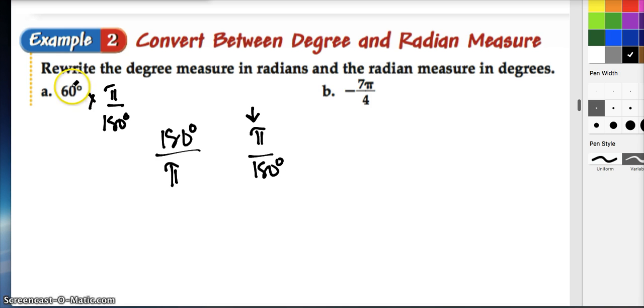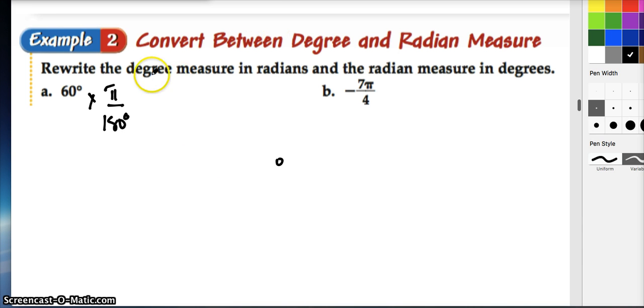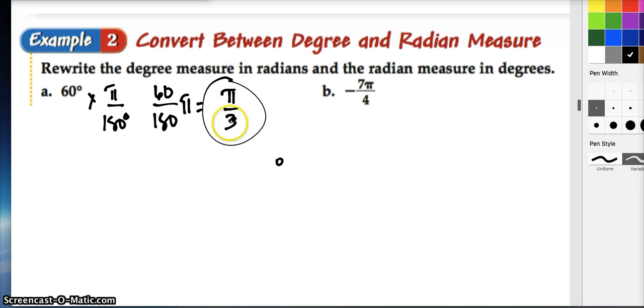And what you'll notice is that technically if I had the word degree here and the word degree here, the degrees would cancel out, okay? And then what I would get is 60 over 180 times pi. And if I reduce that, I'm left with pi over 3, or 1/3 pi. And so 60 degrees is 1/3 pi in radians.